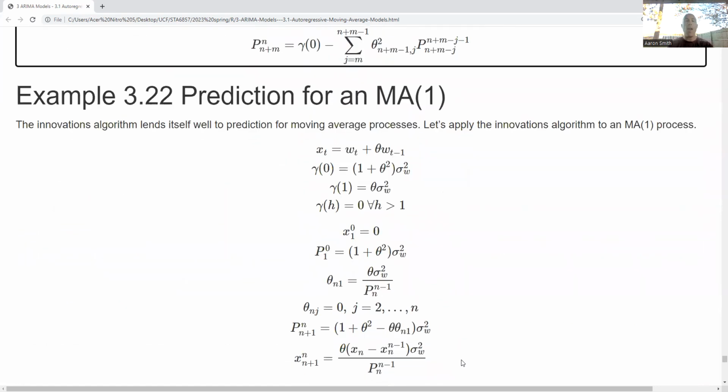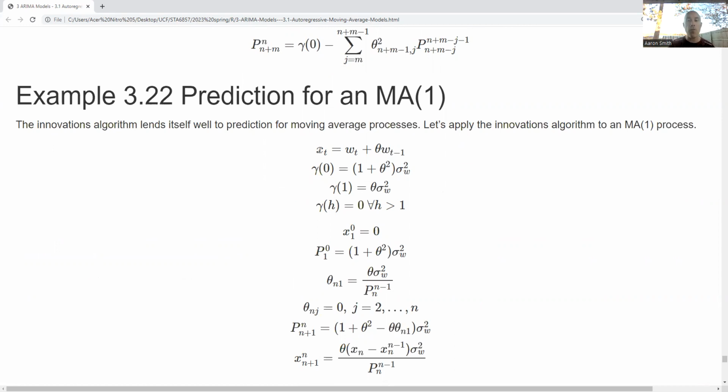All right, now it works out that if I have a moving average degree 1 process, and I believe that is the right model for my data, the innovations algorithm lends itself very well to predicting this particular moving average process. So let's go ahead and apply the innovations algorithm. Here is my process.